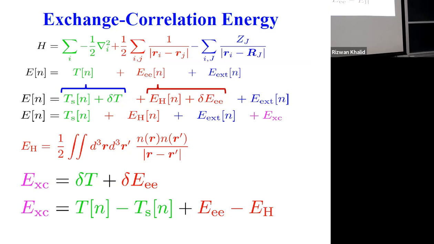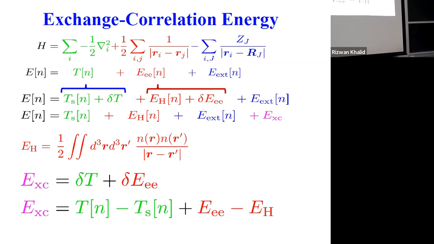It is called the Hartree energy. Just a technical name. It has some historical background, but it's a Coulomb repulsion energy. It's the same Coulomb repulsion which you would have for classical distributions. So this Hartree energy has all classical repulsion effects included in itself. And whatever is left over, this delta EE, whatever correction we need to make this sum equal to the electron-electron repulsion, is in here.